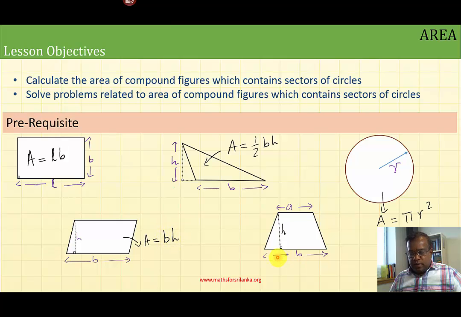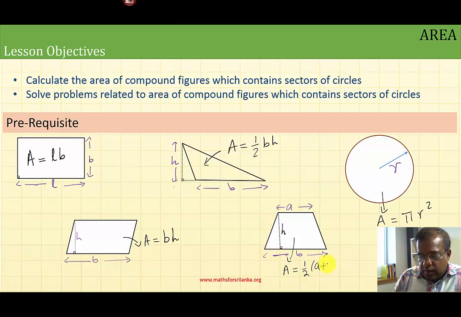So area of a trapezoid of two parallel sides of length a and b, and altitude h, is 1/2 the sum of the two parallel sides times the altitude.